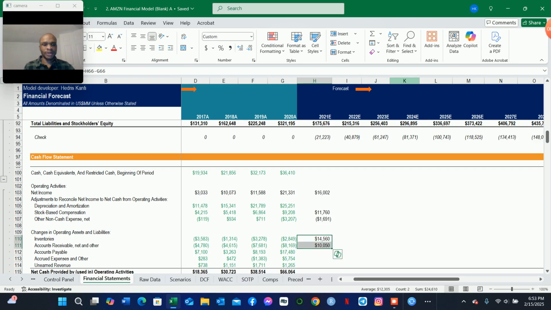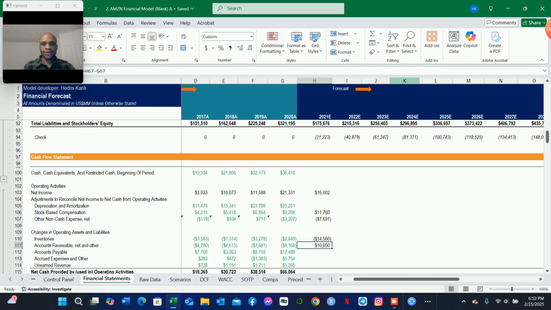We can fill that with Control D. So we can see that there is an increase in inventory, which is a cash outflow. So we have to make sure that we make this a cash outflow.